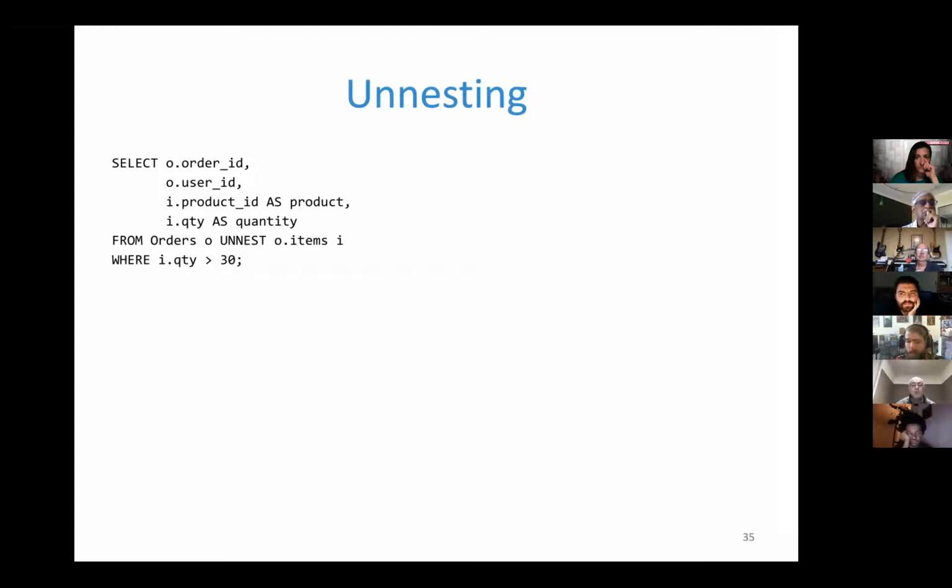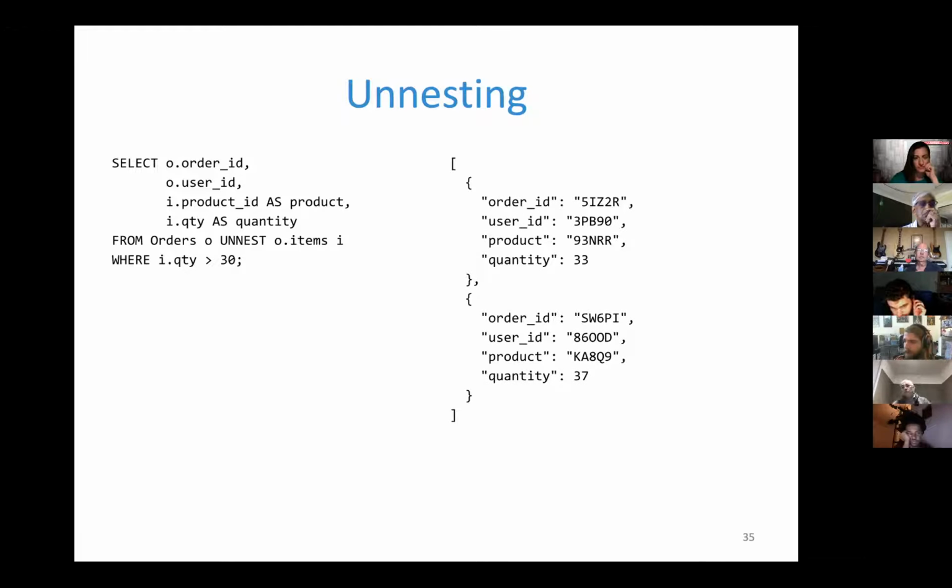What we want to get from here is the order ID, the user ID of the person who ordered, and of course all of the items where the item quantity is greater than 30. This is what the result looks like. We got the order ID and the user ID at the top level, and then we unnested the items array, and from that got the product ID and the quantity of items.